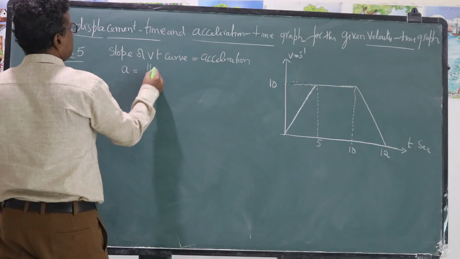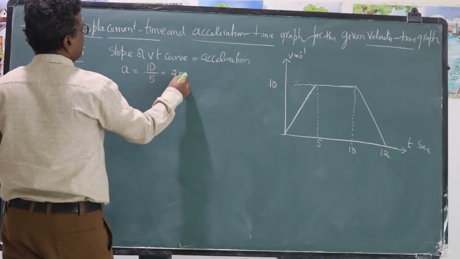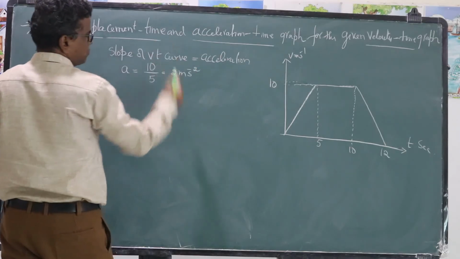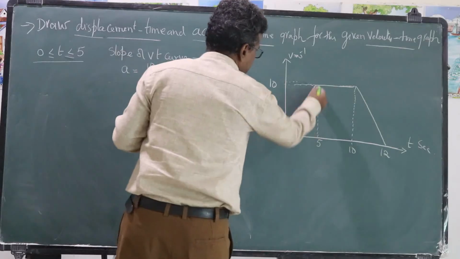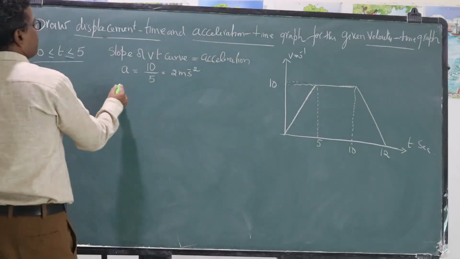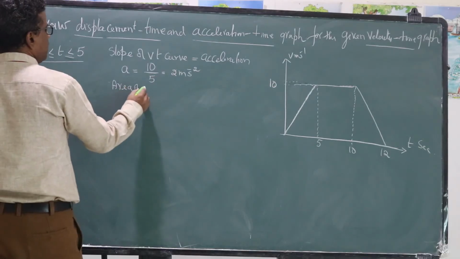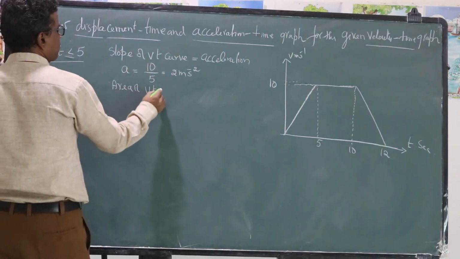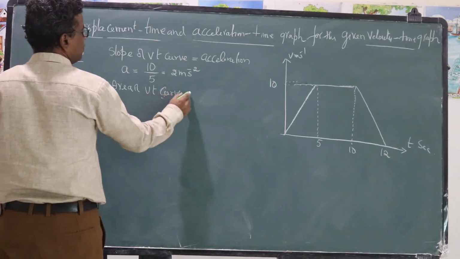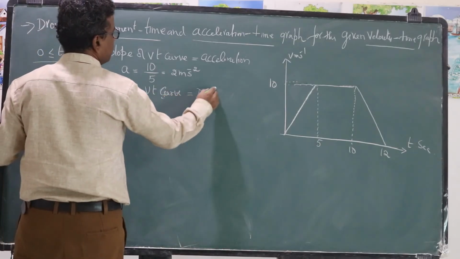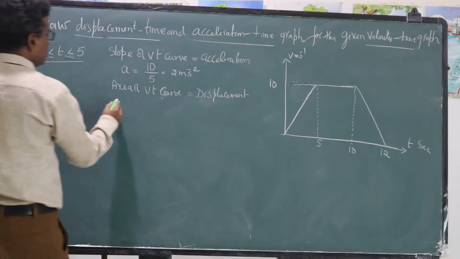That is 10 by 5, that is 2 meter second to the power minus 2. So that is the acceleration. What is the distance traveled during this time? The area of the VT curve under the x-axis gives displacement. So we find the displacement during this time.